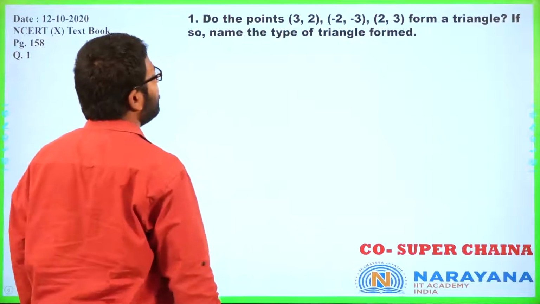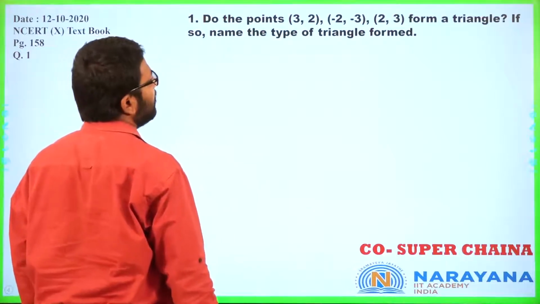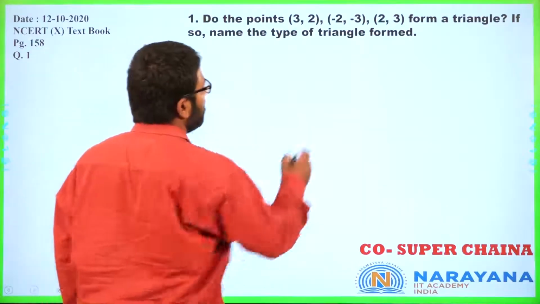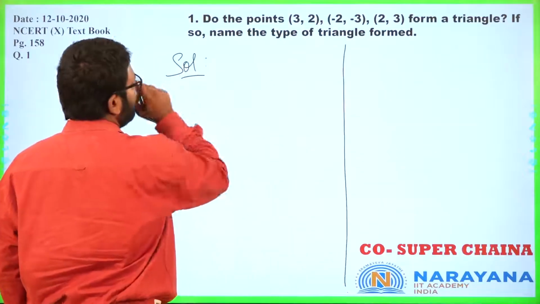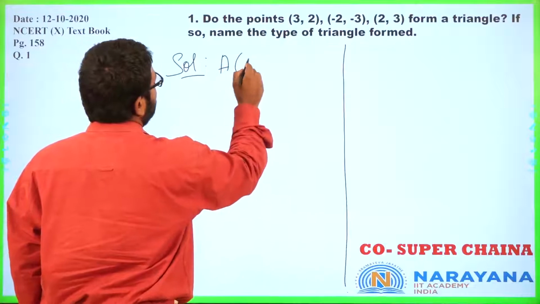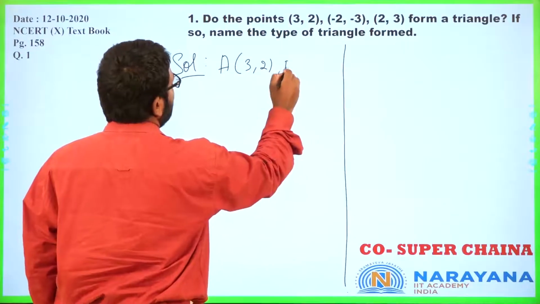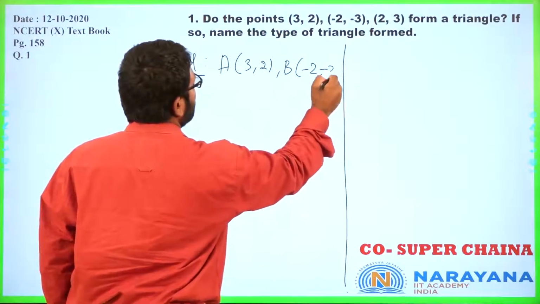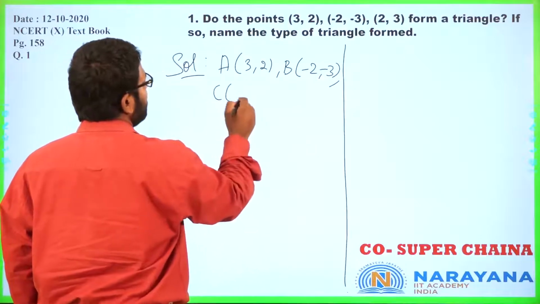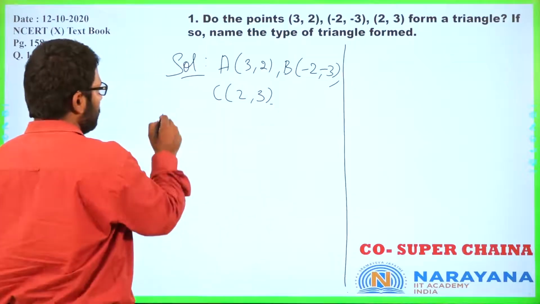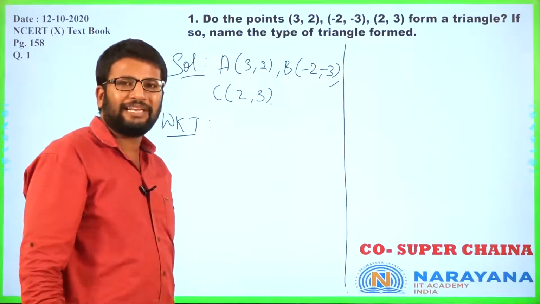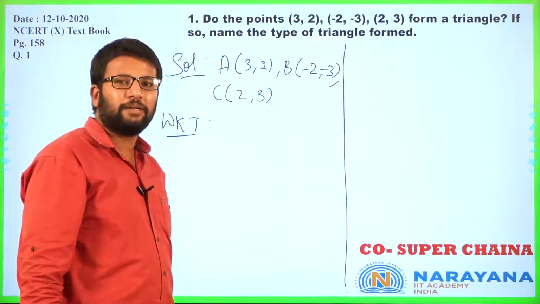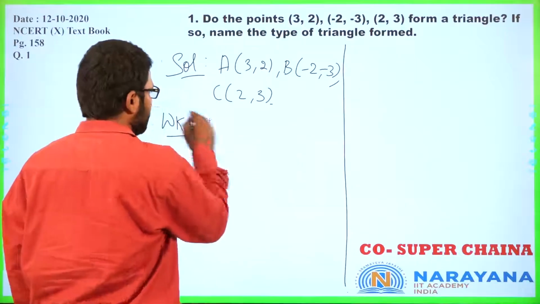Do the points 3 comma 2, minus 2 comma minus 3, and 2 comma 3 form a triangle? If so, name the type of triangle formed. Alright. First of all, do they form a triangle? So let the points be A, B and C. Now, how do you know that 3 points can form a triangle? This is something you would have studied way back, probably in 6th or 7th standard.